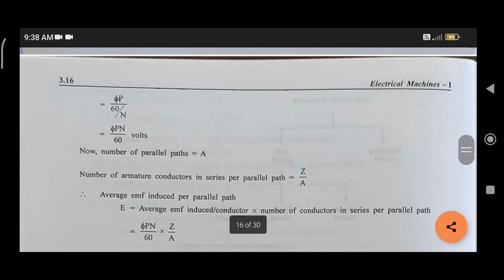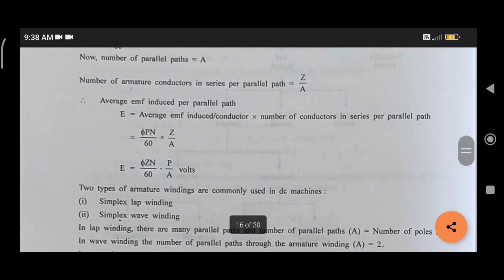So we get the average EMF induced per parallel path, and this is the final equation, which we will use many times for numericals: E equals phi Z N by 60 into P by A. So this is the formula.